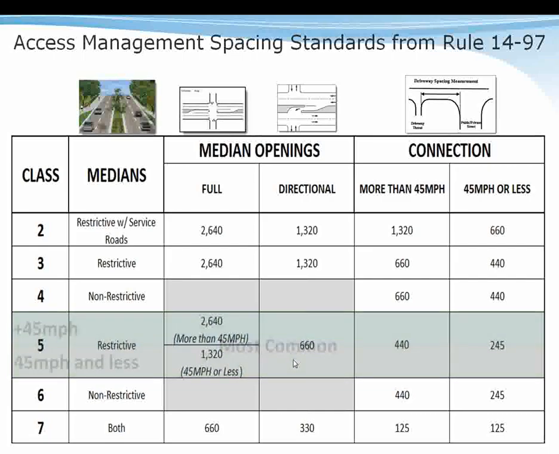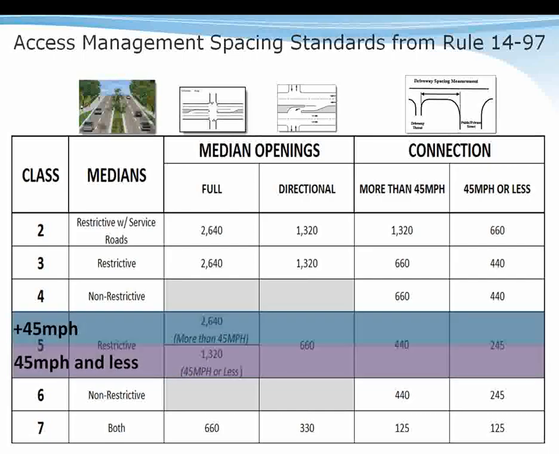Directional median openings are 660 feet, and we will show you how to measure those shortly. And connection spacing or driveway spacing, if it is more than 45 miles an hour, it is 440 feet. If it is 45 miles an hour or less, it is 245 feet. We have these standards for every one of these classes 2 through 7.